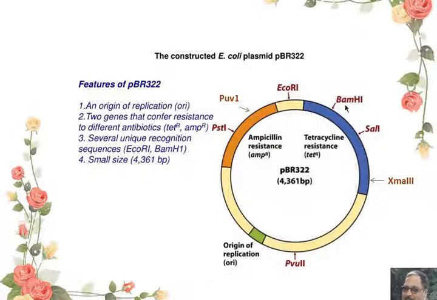One is cut by BamHI, SalI and XmaIII. And here this is a ROP gene, that is the restriction of osmotic pressure gene, where this PvuII restriction site is present.